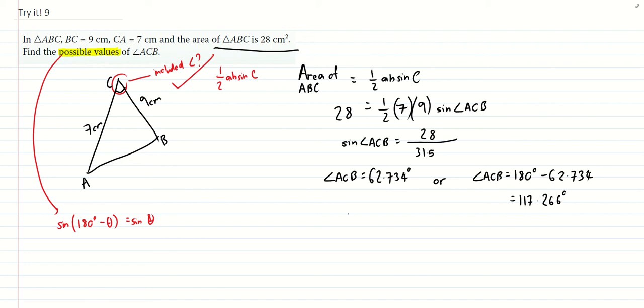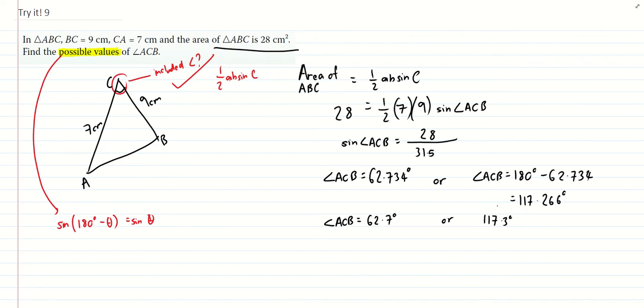And of course, you need to round off to 1 dp for angles that are not exact. So angle ACB is equals to 62.7 degrees, or angle ACB is equals to 117.3 degrees.